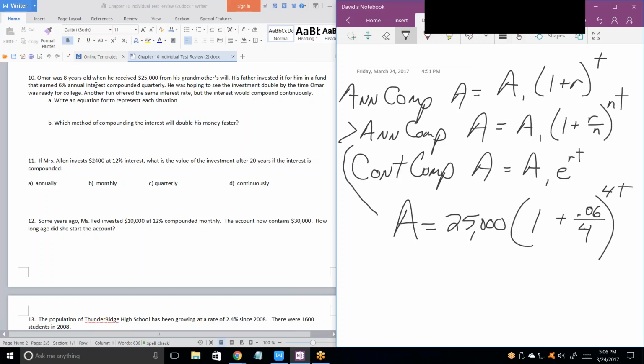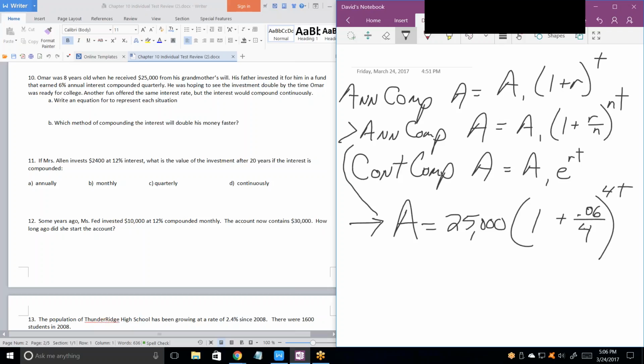So if we read the rest of the problem, he was hoping to see his investment double by the time he's ready for college. Well, first of all, write an equation to represent each situation. Well, that's our first equation. That represents the situation where he's earning 6% annual interest compounded quarterly.